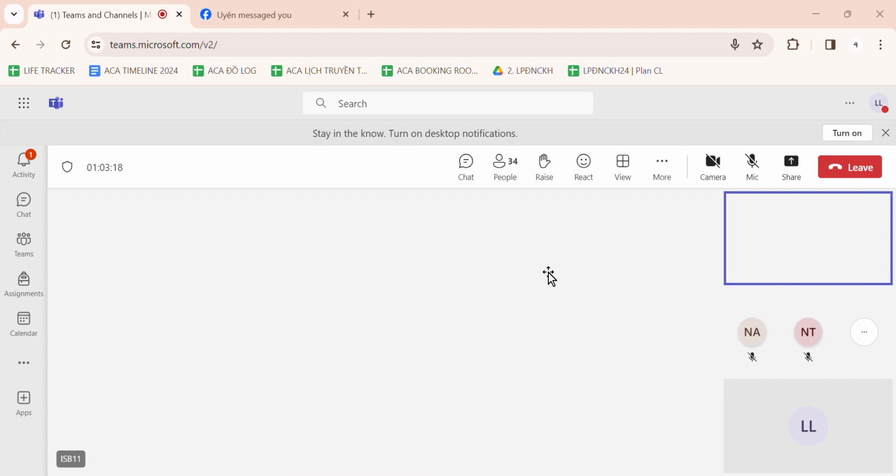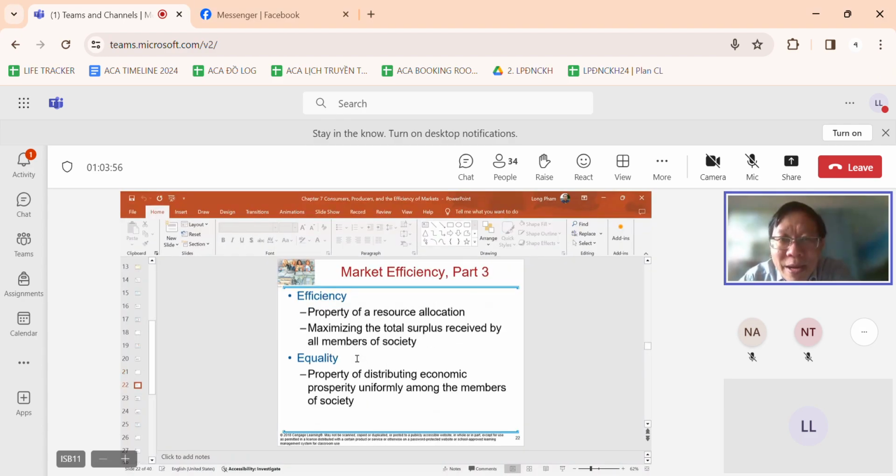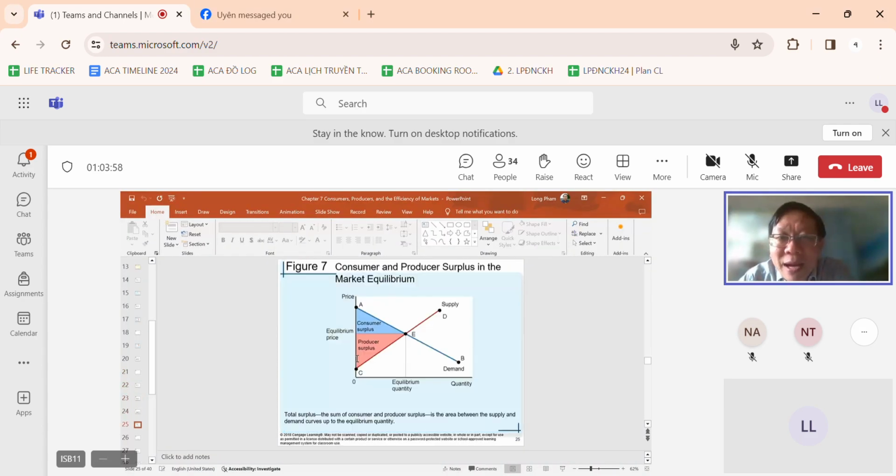Combine them together, the total sum of consumer surplus and producer surplus, you get this total society surplus. Total surplus equals consumer surplus plus producer surplus. Okay, and believe me, this is the largest one.